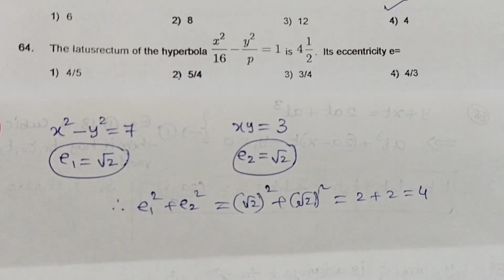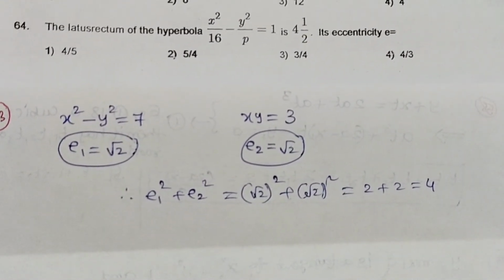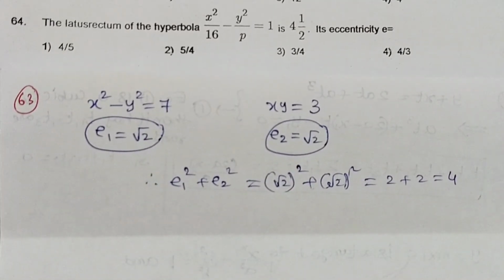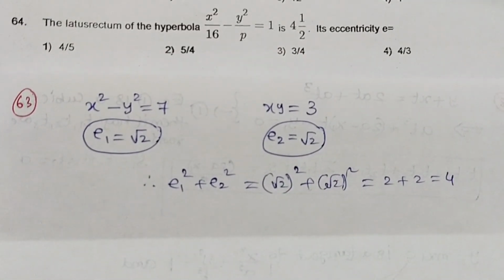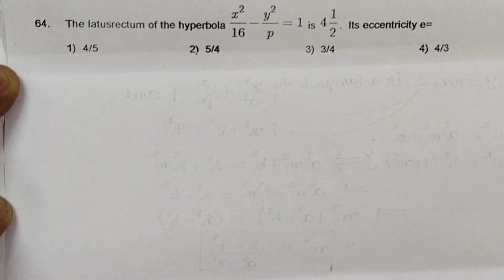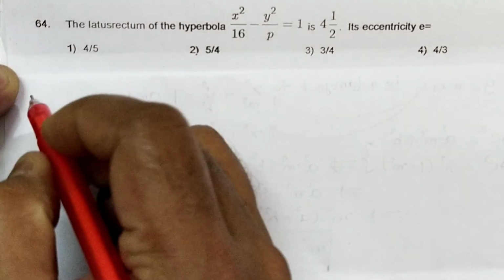Question number 64. The latus rectum of the hyperbola x square by 16 minus y square by p equal to 1 is 4 into 1 by 2. Then its eccentricity E is. So question number 64 here.